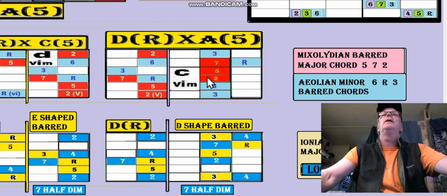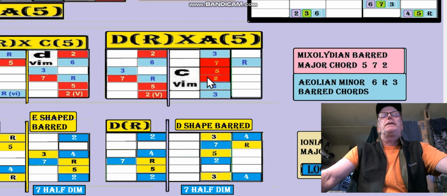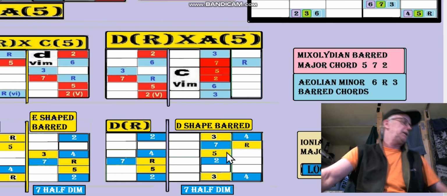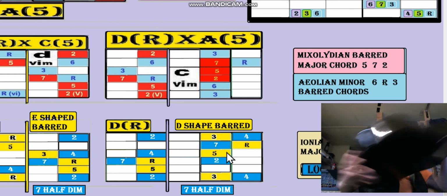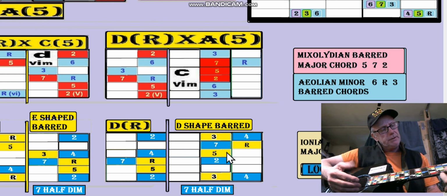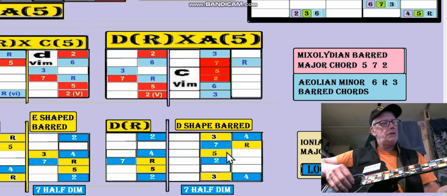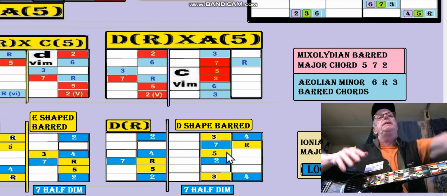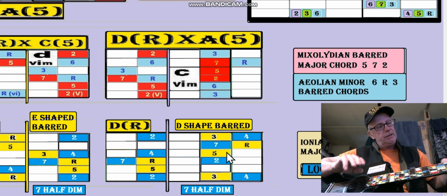Okay, so here we are looking at that D, and the question was, is this D shape all a D is? Hey, play me a D. Well, I can do that. Wait a minute, not a B flat, you mean? No, in E tuning. Oh, an open D in E tuning. Well, that's easy.